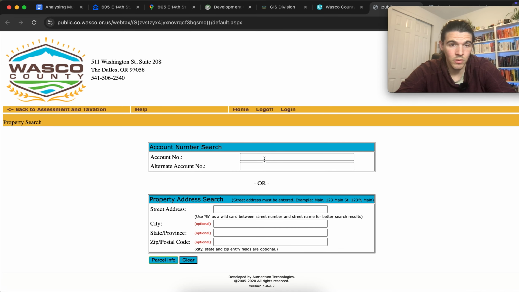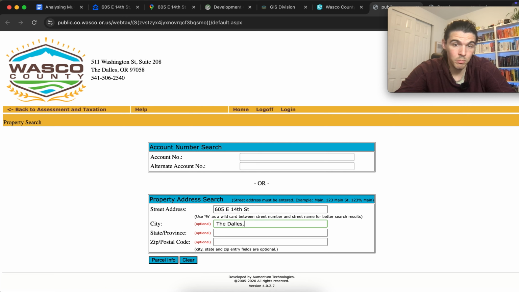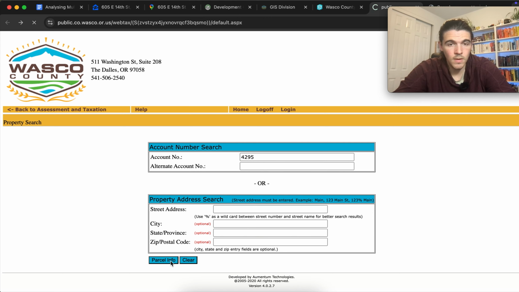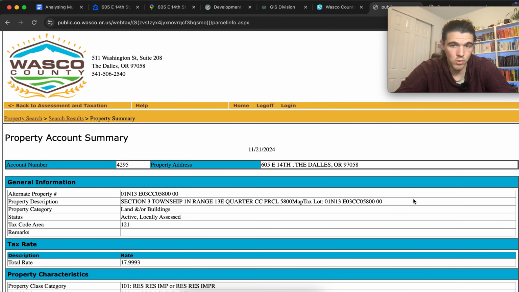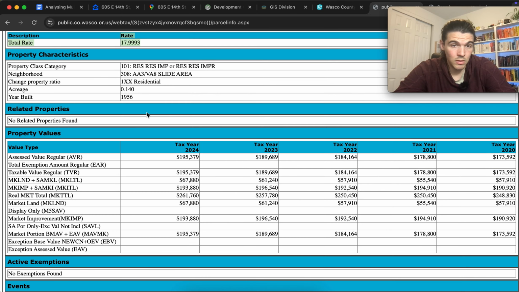Basically, what we're trying to do is see, is the offer that we are giving fair? And fair means that they're also going to be getting a good return. The account number, we can go here and search. It's going to pop up all the information about this building: tax information, what it's classified as.